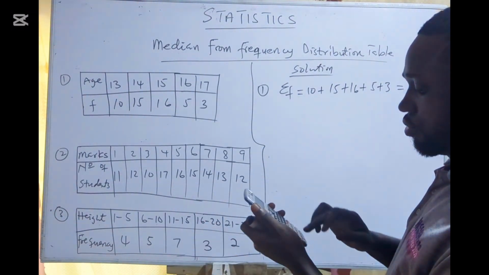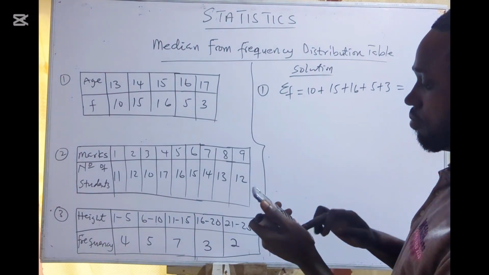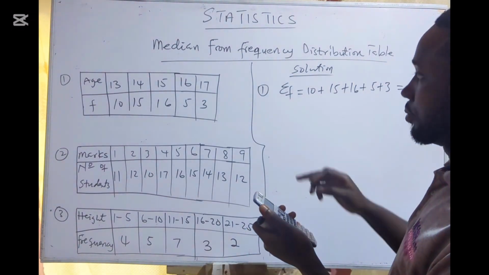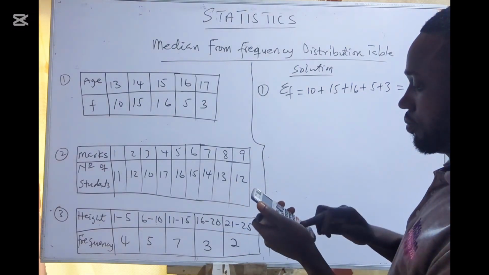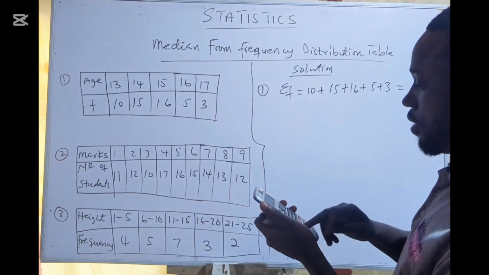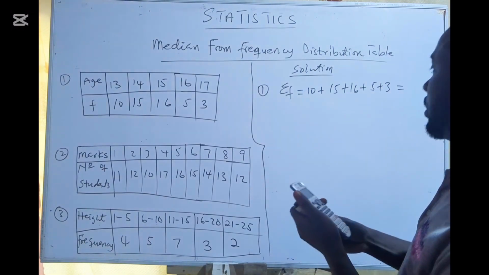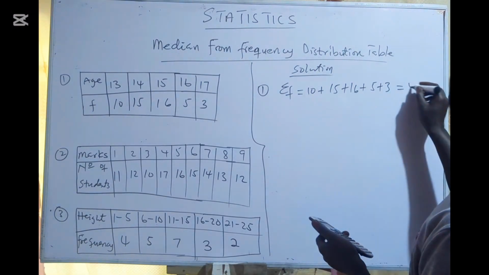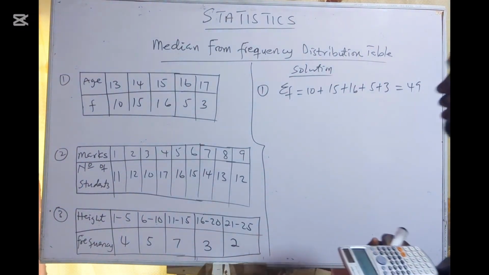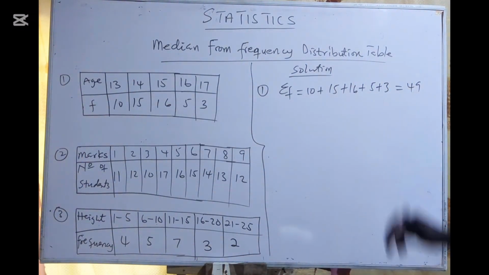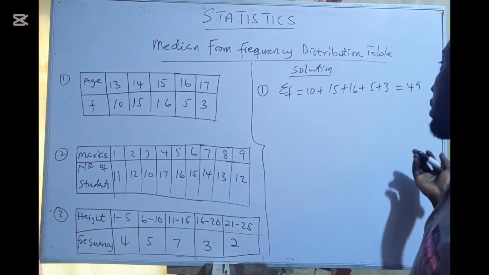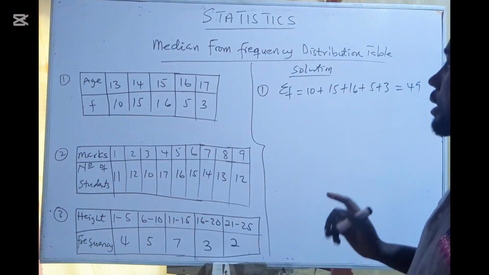So 10 plus 15 plus 16 plus 5 plus 3 will give us 49. So 49 is odd, so it is telling us that only one number will be in the middle.